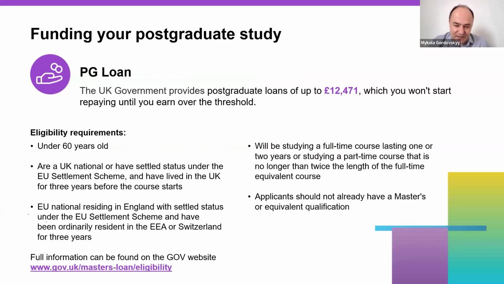Now, I understand that the times are hard and money is always an issue. There are some ways to support funding your postgraduate study, like the postgraduate loan. The UK government provides a postgraduate loan, but this is mainly for home students, right? So if you are a home student, you may be eligible. Of course, before starting your application, I strongly recommend discussing all financial aspects of your study.